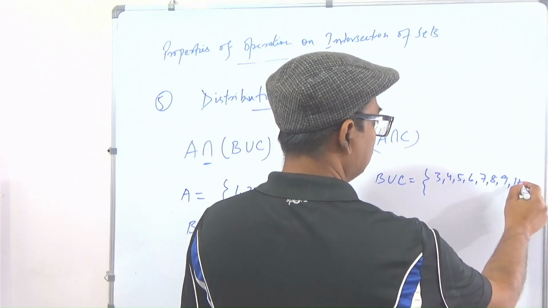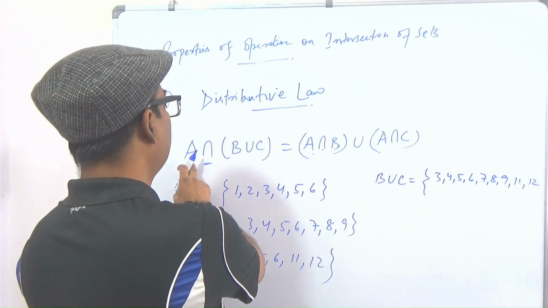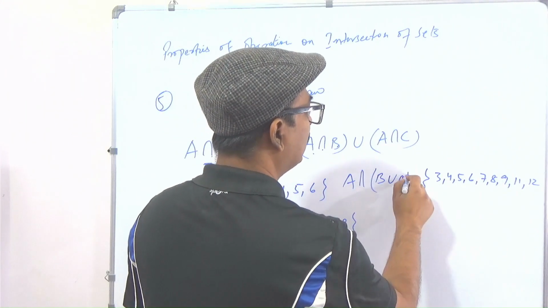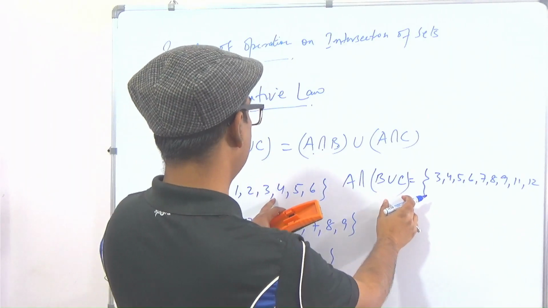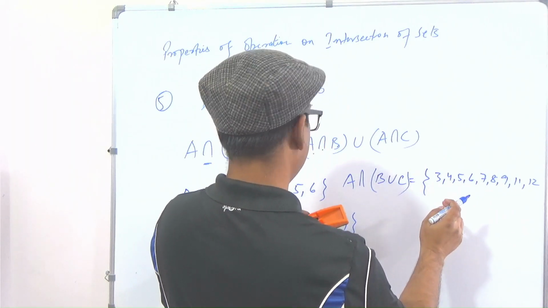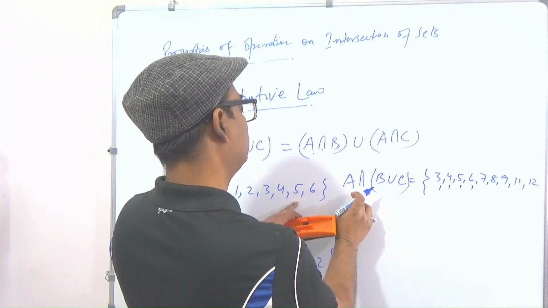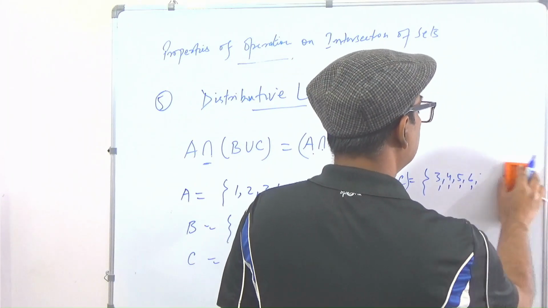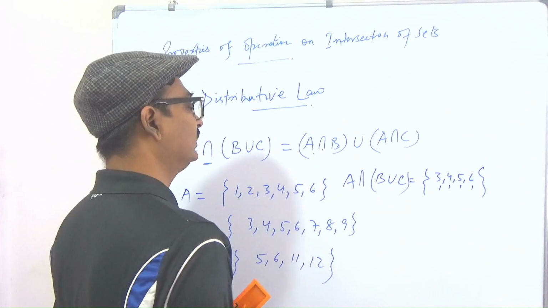So this is B union C. Now we'll see A intersection B union C. What are the elements common in A and B union C? A is 1, 2, 3, 4, 5, 6. The elements 3, 4, 5, 6 are common in B union C and A. So the other elements we will remove. This is A intersection B union C.